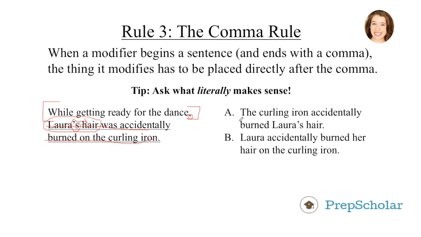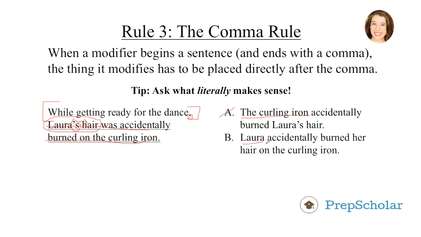What about A? That places the curling iron right after the modifier. Was the curling iron literally getting ready for the dance? That would be pretty weird if it was. Probably not A. What about B? That places Laura right after the modifier. Was Laura getting ready for the dance? Yeah, that totally makes sense. While getting ready for the dance, Laura accidentally burned her hair on the curling iron.